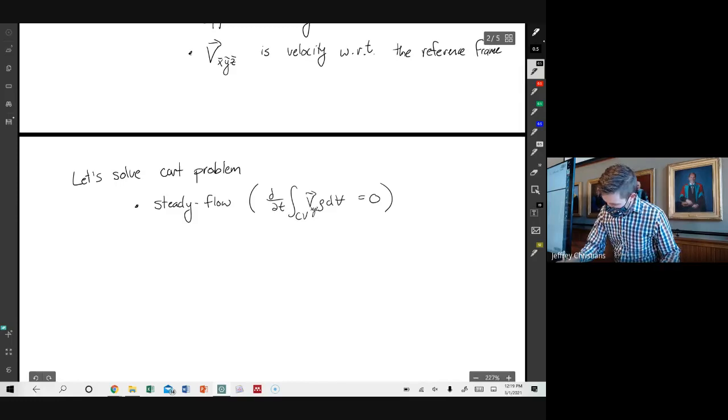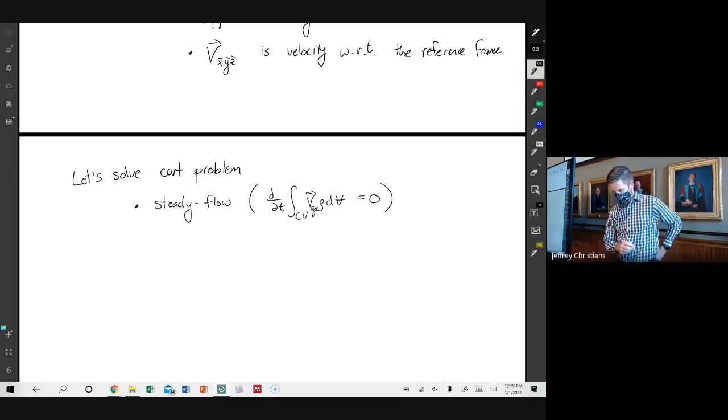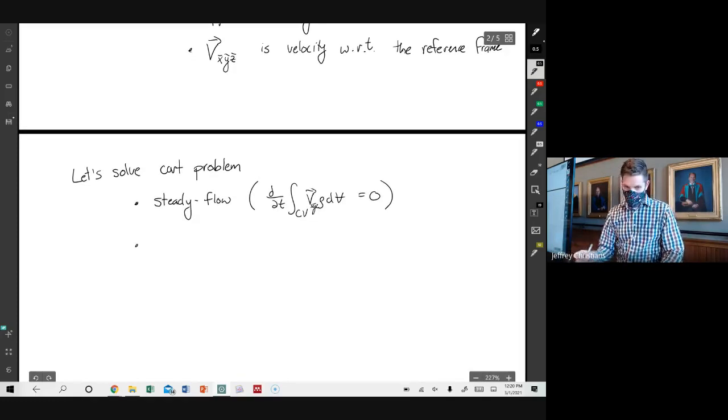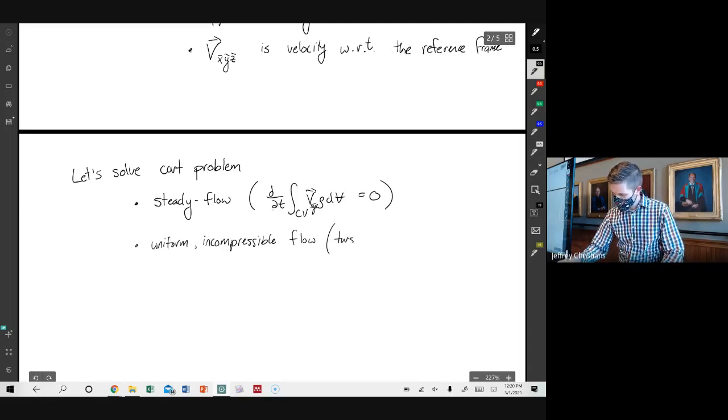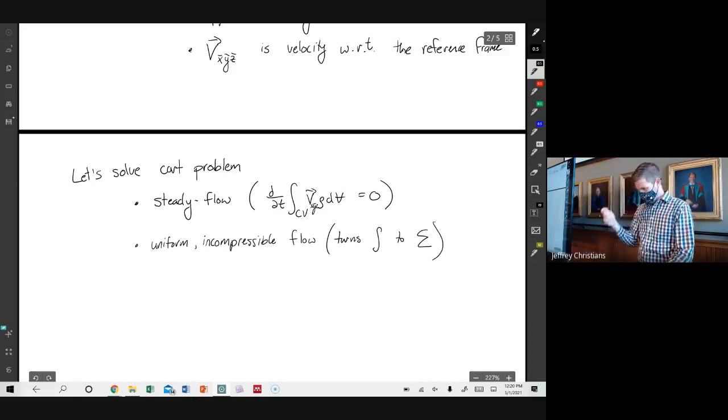This is x, y, z, x bar, y bar, z bar. So that part equals 0 if we're steady flow. We're going to look at uniform, incompressible flow, right, which turns our integral into a sum.